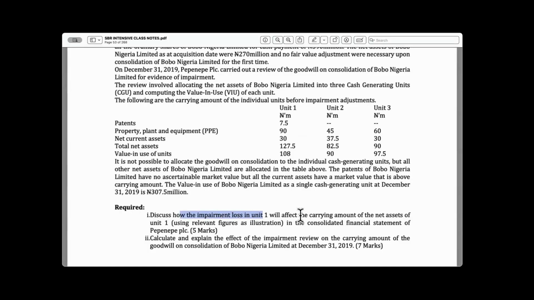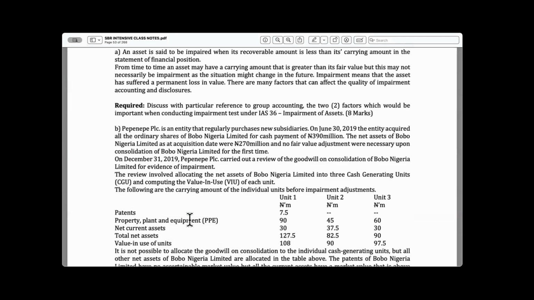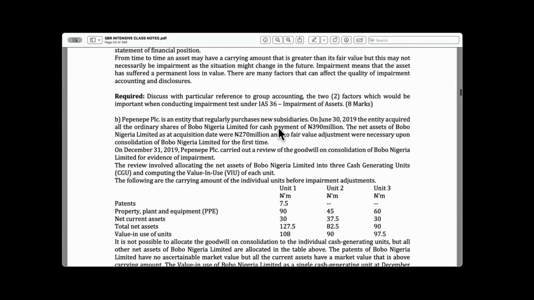The second part of the question says you should discuss how impairment loss in Unit 1 will affect the carrying amount of the net asset of Unit 1 in the consolidated financial statement for 5 marks. And if you look at this question, we're given a company that regularly purchases new subsidiaries. And in June 2019, he bought a subsidiary Bobo. He paid cash of 390.